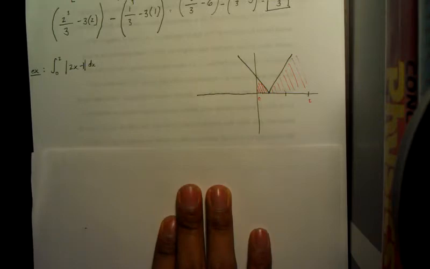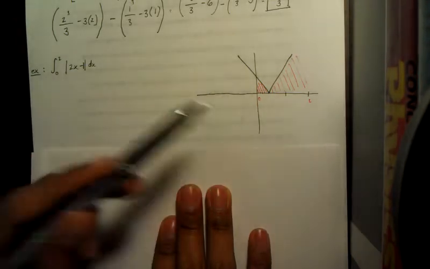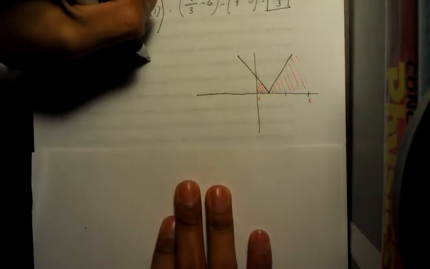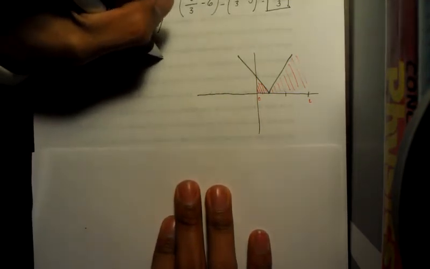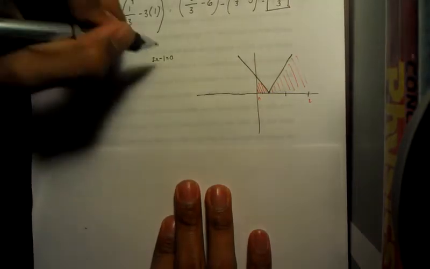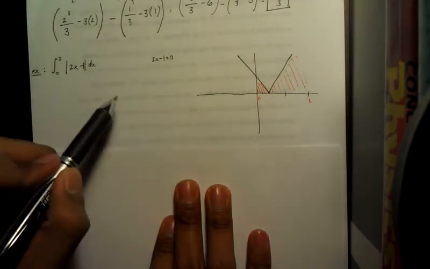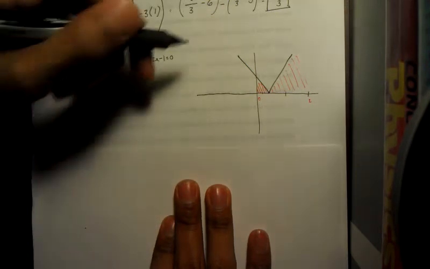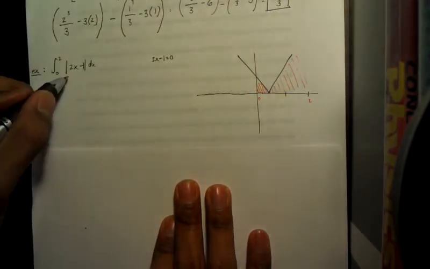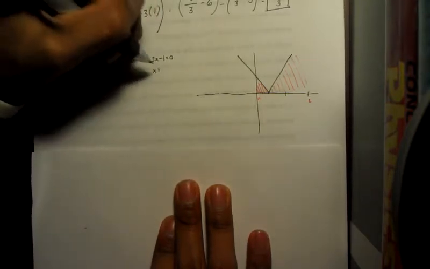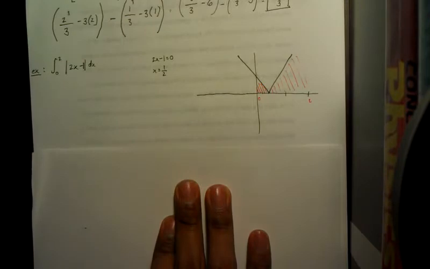First thing we need to do with absolute value is, say we weren't given the graph and we didn't have access to a graphing calculator, we would need to find out just where the absolute value graph hits its point. So to do that, we'll just set whatever's inside the absolute value equal to 0. Solve for x, and you get x equals 1/2.